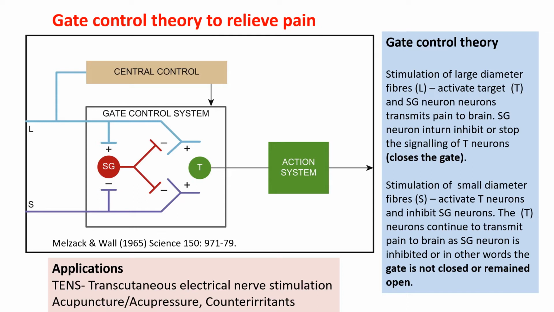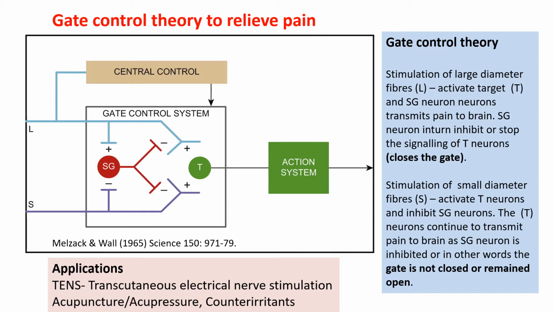Here you have a plan. There are small diameter fibers. When the small diameter fibers are activated, they carry the pain. They will activate the transmission of pain on one side, and now they would inhibit the substantia gelatinosa cells, which in turn presynaptically inhibit, that means inhibition of the inhibition.